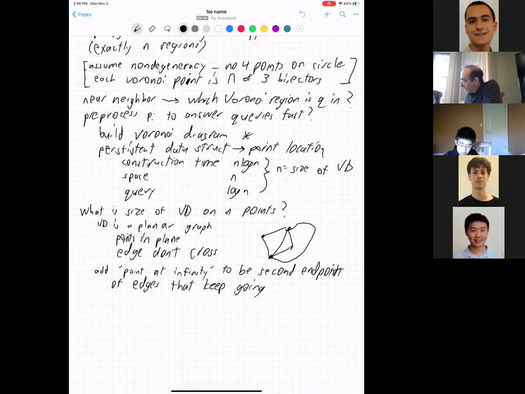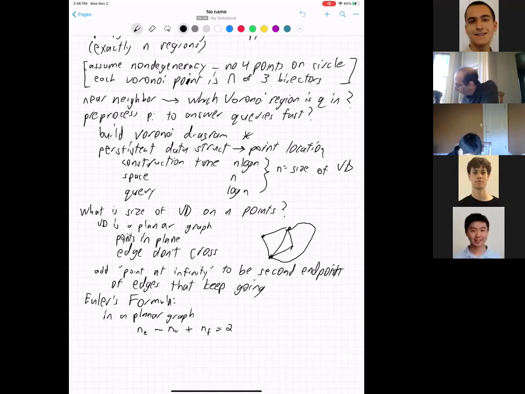And now, in order to understand the size of the Voronoi diagram, we're going to invoke what's called Euler's formula, which says that in such a planar graph, the number of edges minus the number of vertices plus the number of faces is equal to 2.